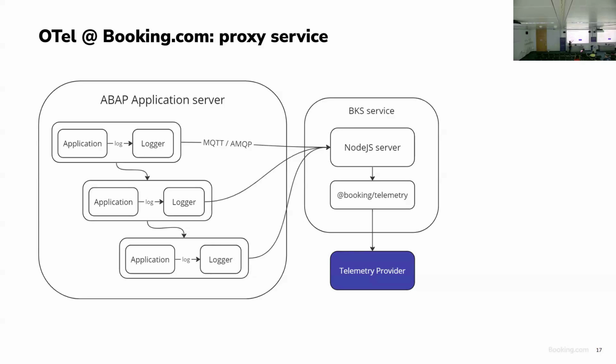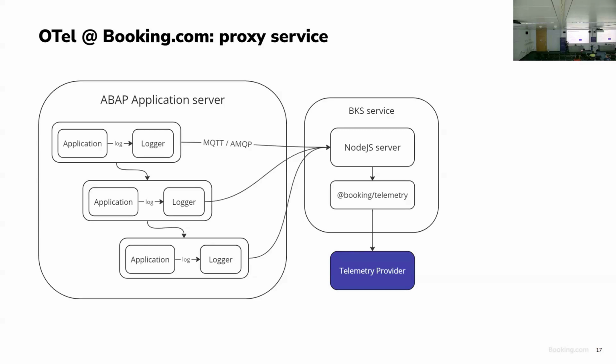BKS, in our case, is a booking Kubernetes service, but to be honest, it is not really important how your Node.js or Java or one of many different languages code will work, because it can work on Cloud Foundry, SAP BTP, your own Kubernetes, some virtual machine, or Amazon, depending on your choice. But the point is what we created.